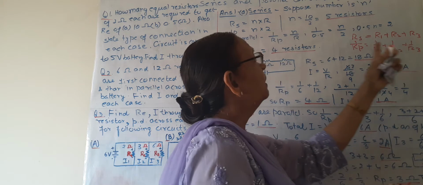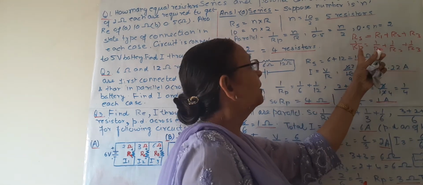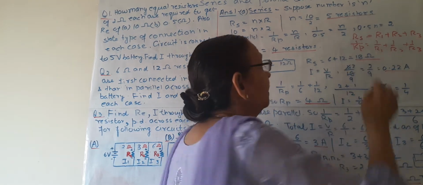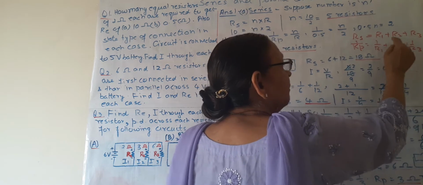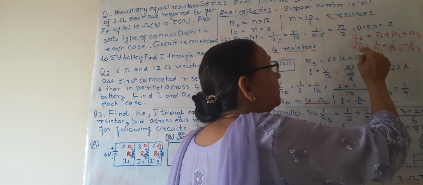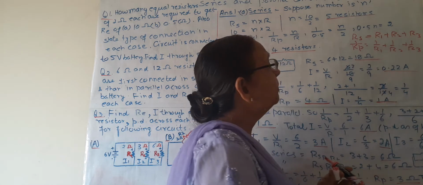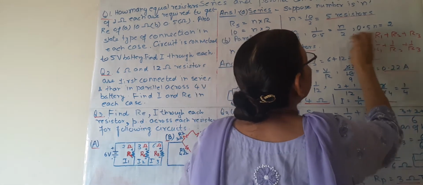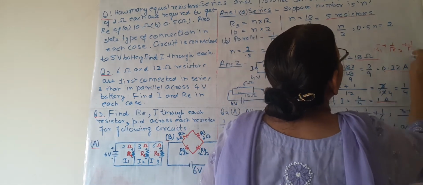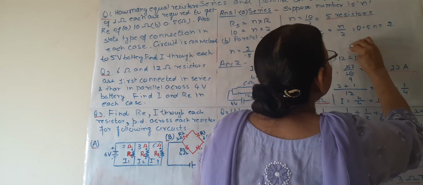So this is total resistance in series and total resistance in parallel. This is the formula for effective resistance.